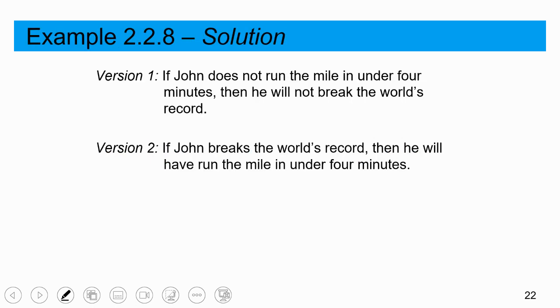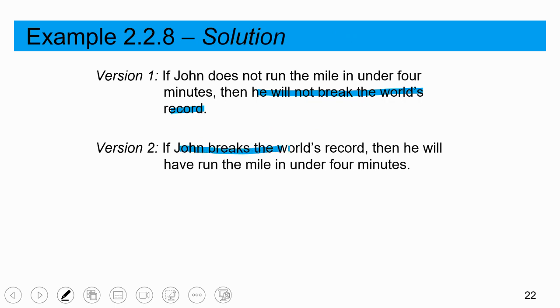So version 1, if John does not run the mile in under 4 minutes, then he will not break the world's record. Another way of saying that would be the contrapositive, and that's what version 2 is. Remember, in the contrapositive, you switch P and Q and negate them. Okay, so you take the second part, he will not break the world's record. You negate it and you put it first.